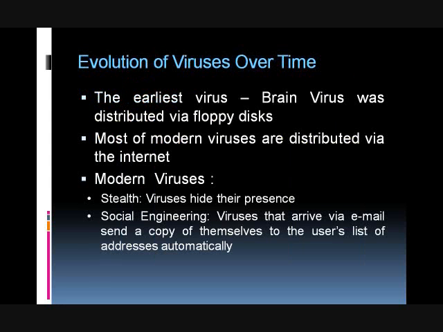Now, let's look at the evolution of computer viruses over time. The earliest viruses were distributed via floppy disks, whereas modern viruses are distributed via the internet. To facilitate this, most modern viruses are equipped with features such as stealth, which hide the presence of the virus in a computer system.